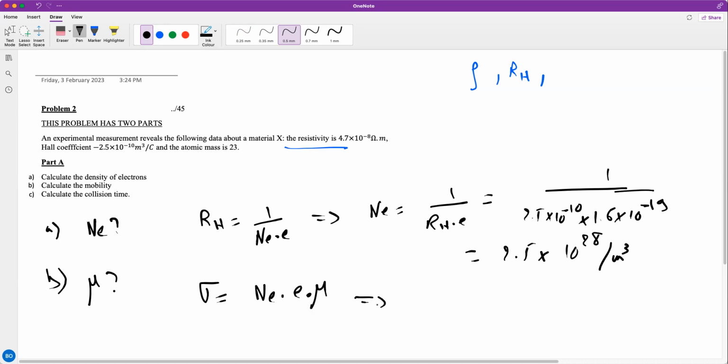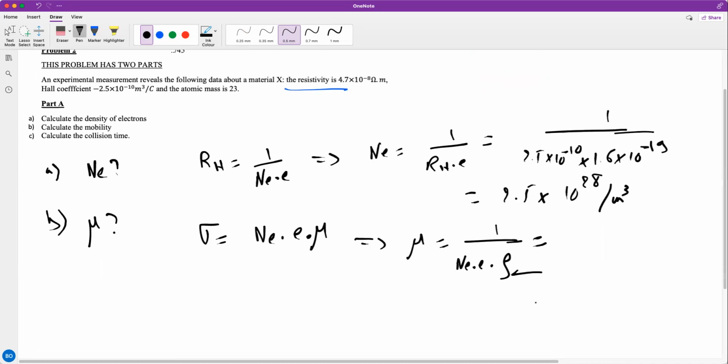And then mu is equal to, and we can get the conductivity from the resistivity, it's 1 over 4.7 times 10 to the power minus 8. So this will be equal to n e times e and the resistivity, right? And then you have everything. The resistivity is in ohm meters, the Hall coefficient and n e are in cubic meters.